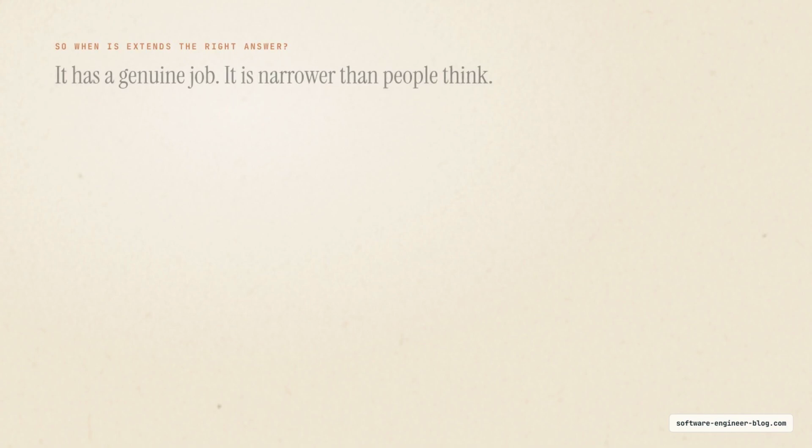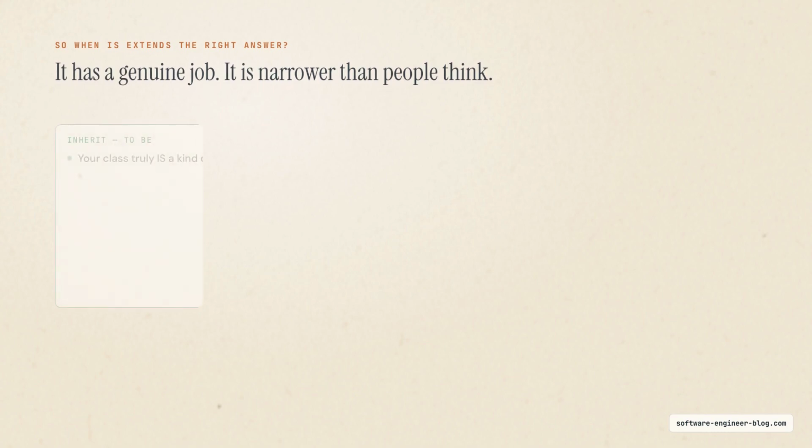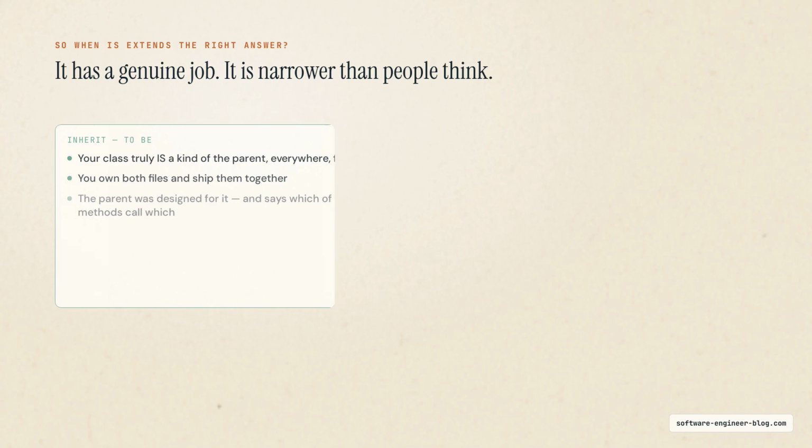So when is extends the right answer? It has a genuine job. It is just narrower than most people are taught. Inheritance is honest when your class truly is a kind of the parent, everywhere, forever, and not just today. When you own both files and ship them together, so nobody can change one behind your back.